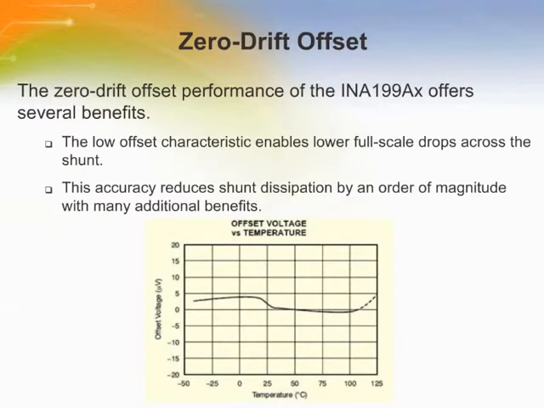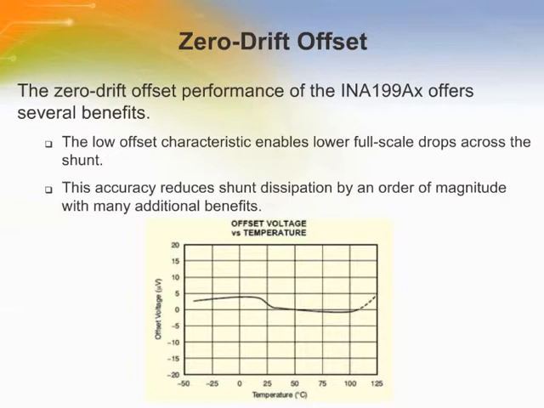The zero drift offset performance of the INA199A offers several benefits. Most often, the primary advantage of the low offset characteristics is that it enables low full-scale drops across the shunt. For example, non-zero drift current shunt monitors typically require a full-scale range of 100 millivolts.